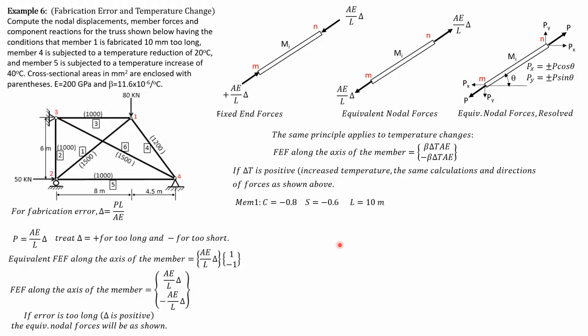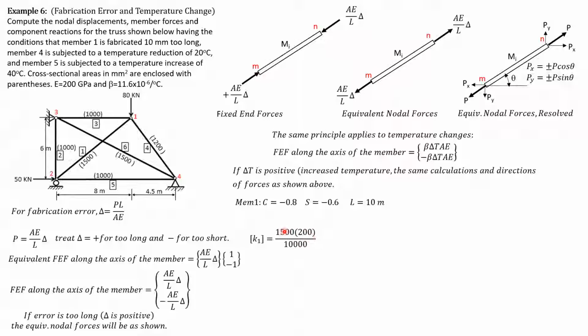The length is 10 meters. So area is 1,500, and K1 is 1,500 times E, 200. I use 200 here, not 200,000. Let's express the stiffness in kilonewton per mm this time.